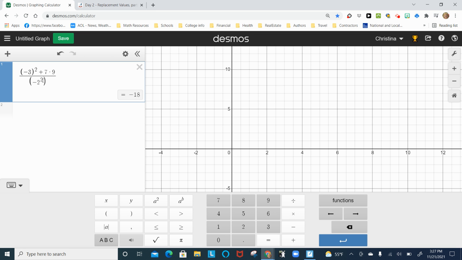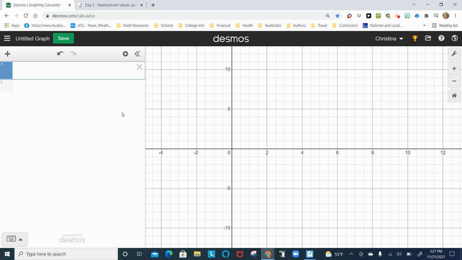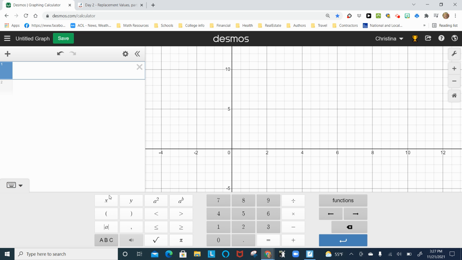But if I were going to do it that way, I would definitely need the squared term to be on the outside of the parentheses. Oh, and I just erased everything. So let me show you what I'm talking about.